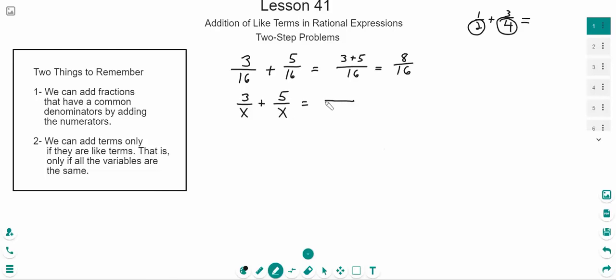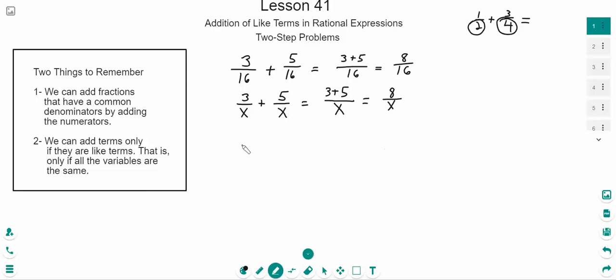So I can place my two numerators over that x and combine the numerators, just like I did in this first problem. So I have 3 plus 5 equals 8 over x. All right, it's that easy. Again, the point to remember here is we can only do this because the denominators are the same.